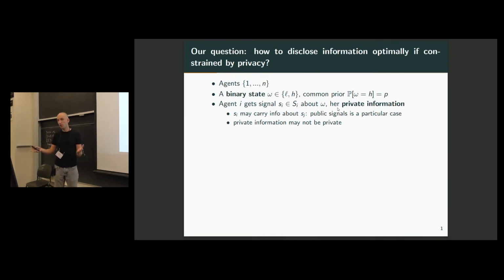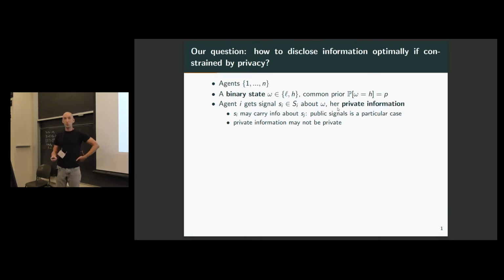If all the agents get exactly the same signal, then clearly each agent knows what other agents learn from their information. So private information may not be private.